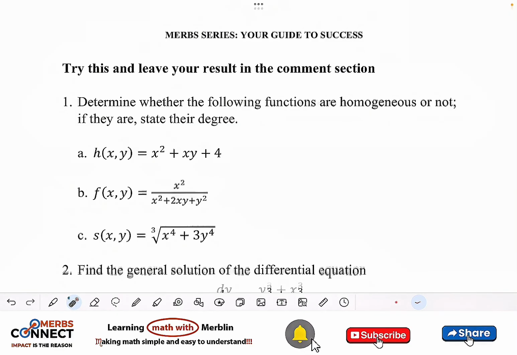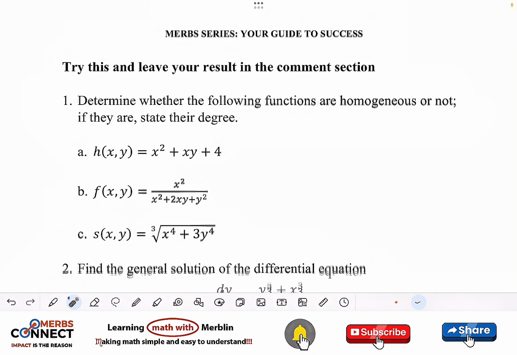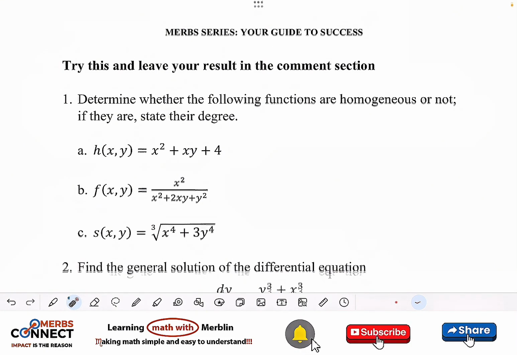Now, the idea is that if the function is not separable and it is not homogeneous, then it is not exact. So we need to find an integrating factor to multiply through, and then it's going to help us solve again and get back to where we want to go.